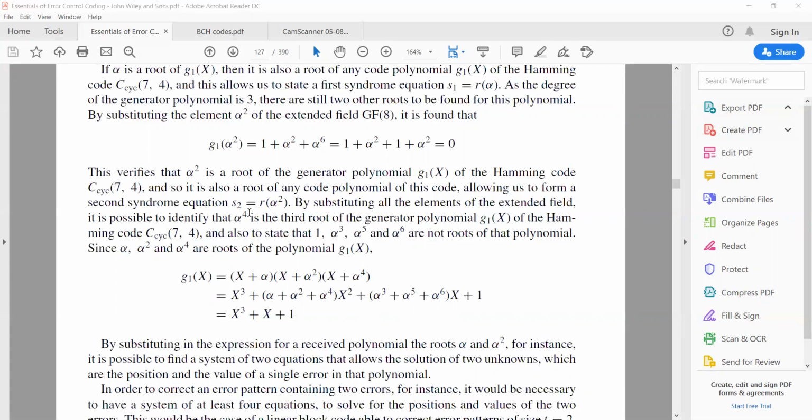And considering that highest degree 3, we have chosen our generator polynomial as 1 plus x cubed. Also we have computed the possible roots of this generator polynomial equation, which are alpha, alpha square, and alpha to the power 4.